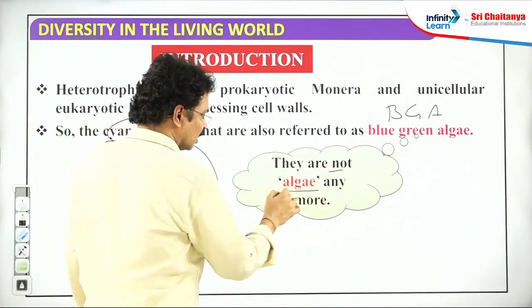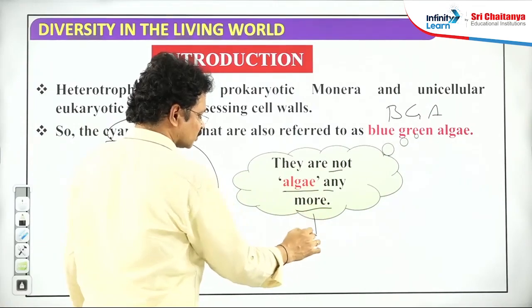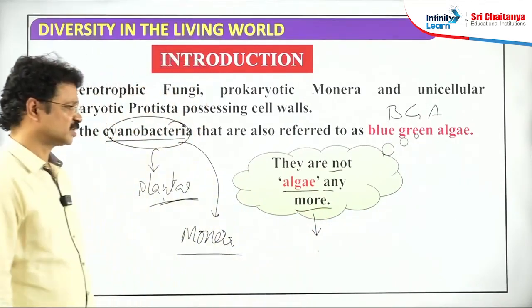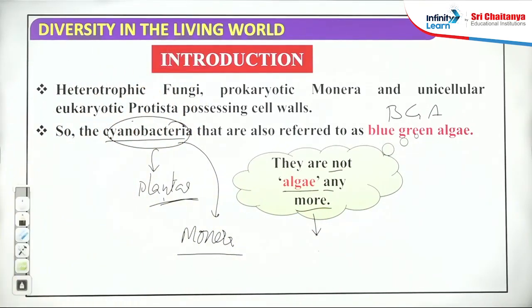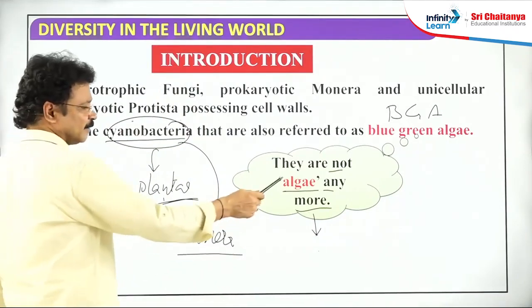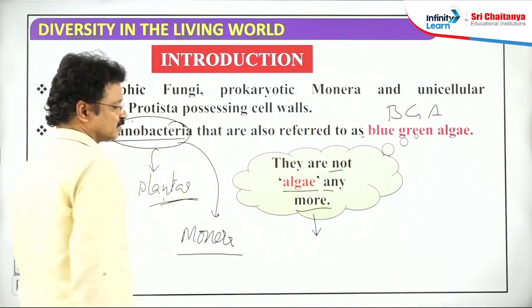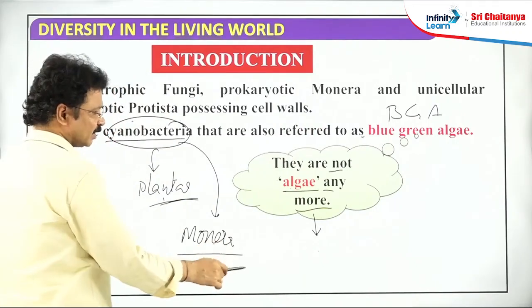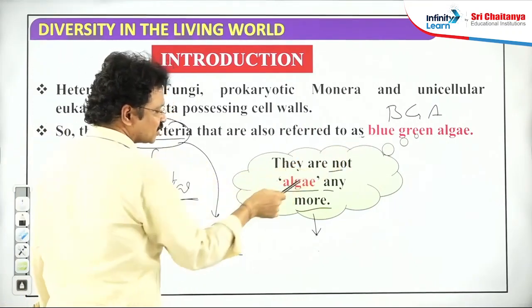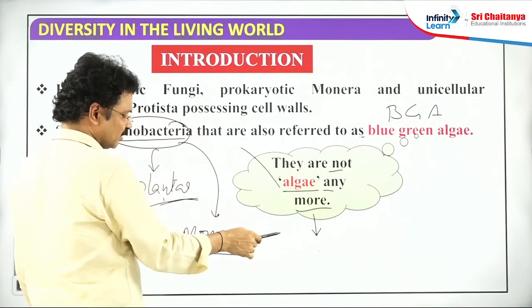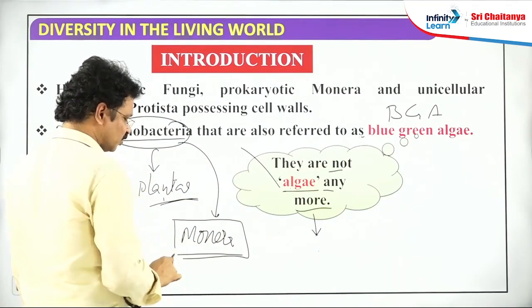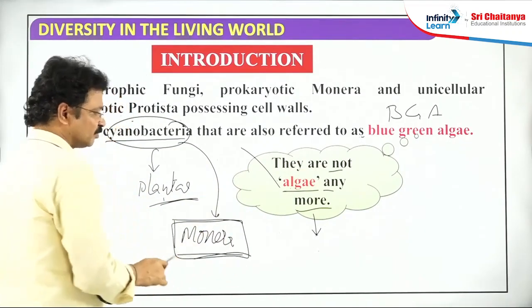They are not algae anymore according to the latest classification. Once upon a time, algae was one of the groups in which blue-green algae were placed. At present, all the blue-green algae are removed from algae and Plantae and placed under a separate kingdom for prokaryotes, that is the Monera.